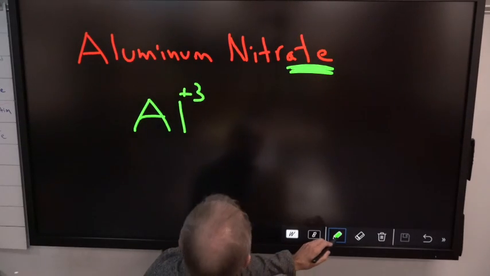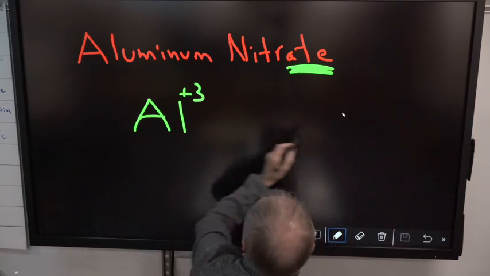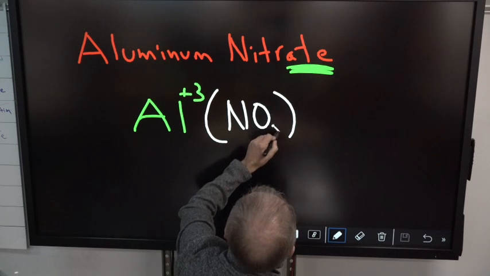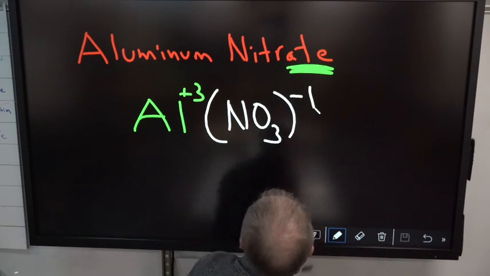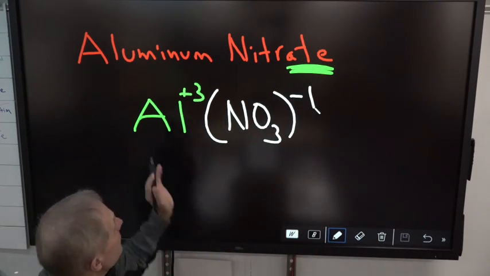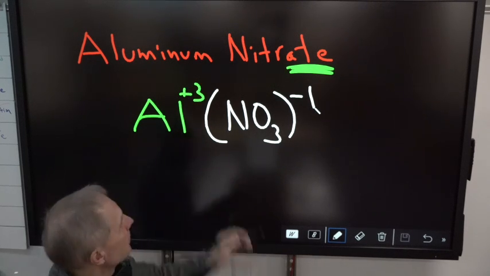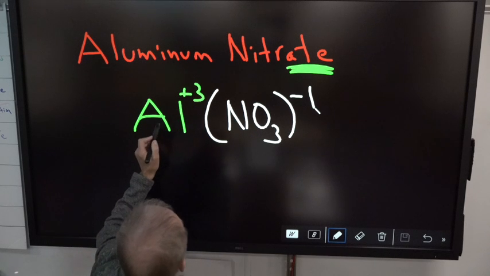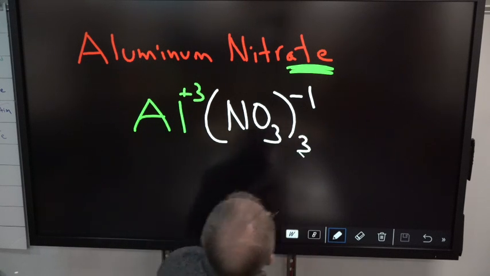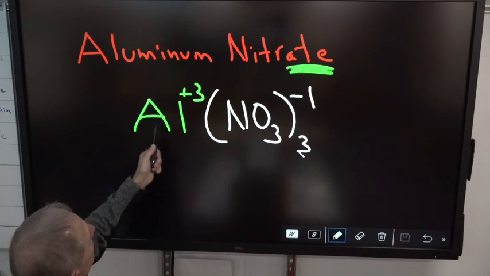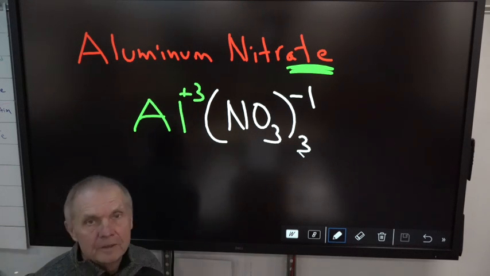So now, parentheses, NO3 minus 1. Now look at that. Does the plus 3 and a minus 1 equal 0? No. So you have to crisscross. So that 3 will go right there. So the correct formula for aluminum nitrate is Al(NO3)3.